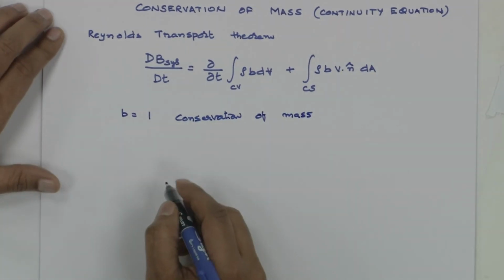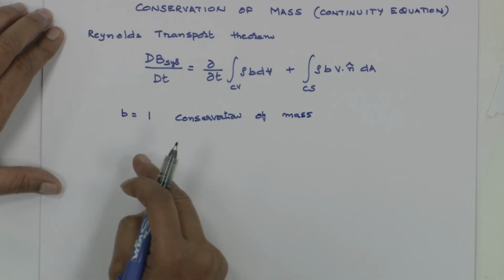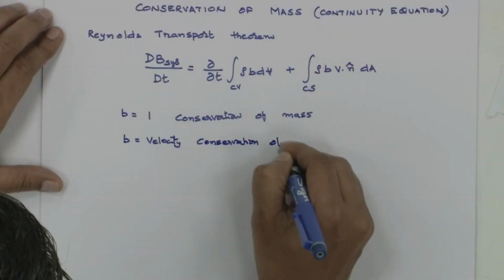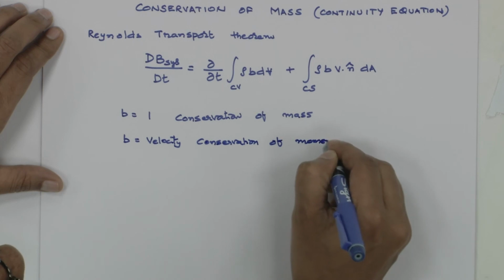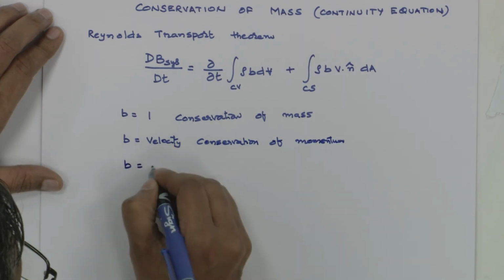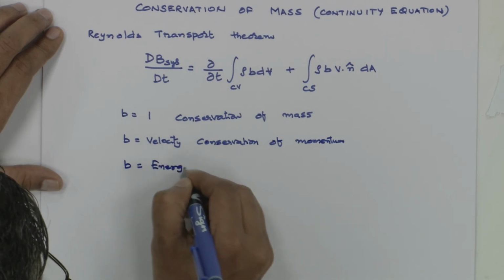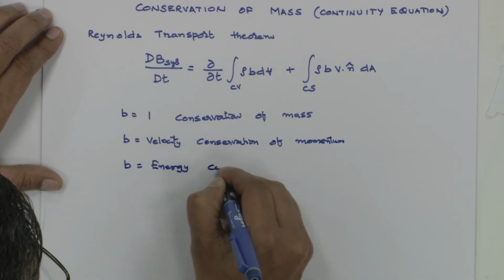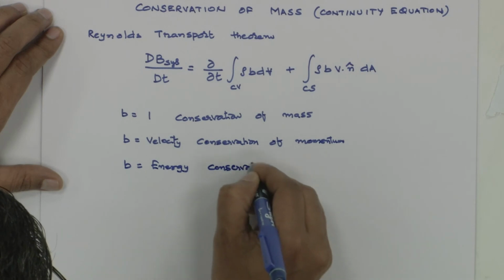Just for the sake of it, b would be velocity in case of conservation of momentum, and b would be energy in case of conservation of energy.